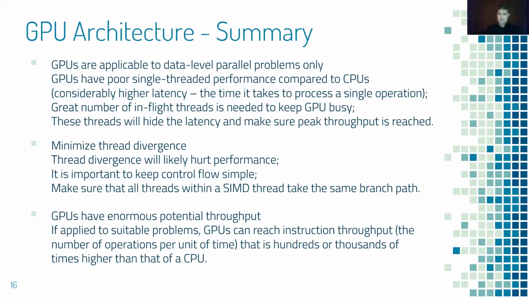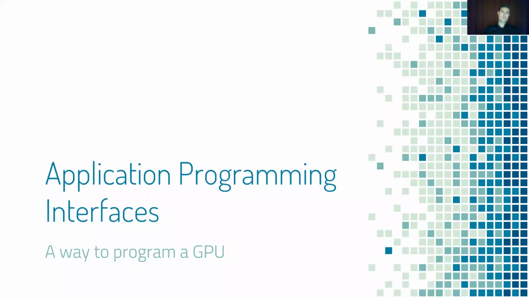So let's immediately move to the application programming interfaces, which is the way to program a GPU. We'll not spend a lot of time here because talking about the APIs themselves could be another presentation. So we just shortly talk about them.